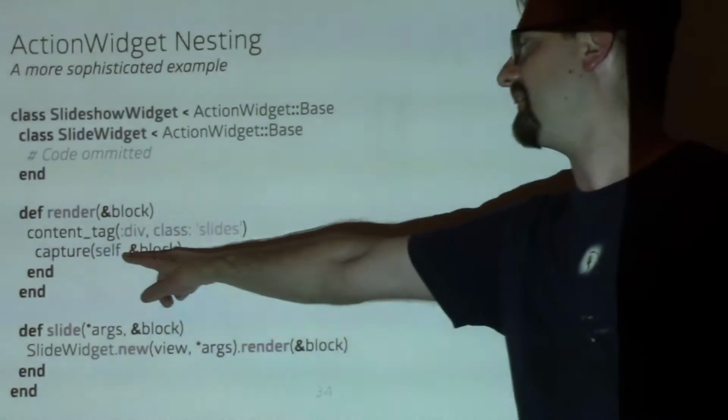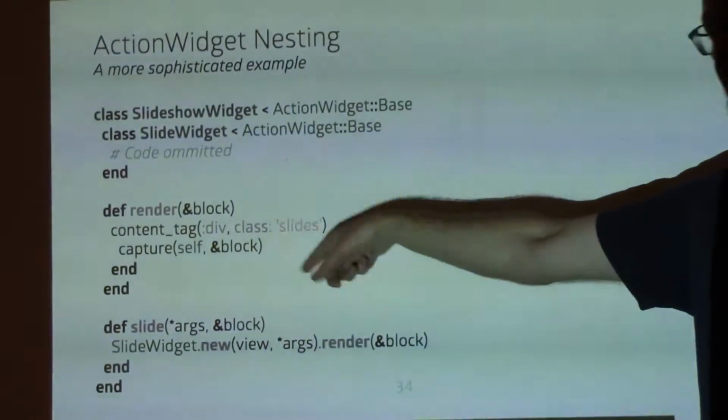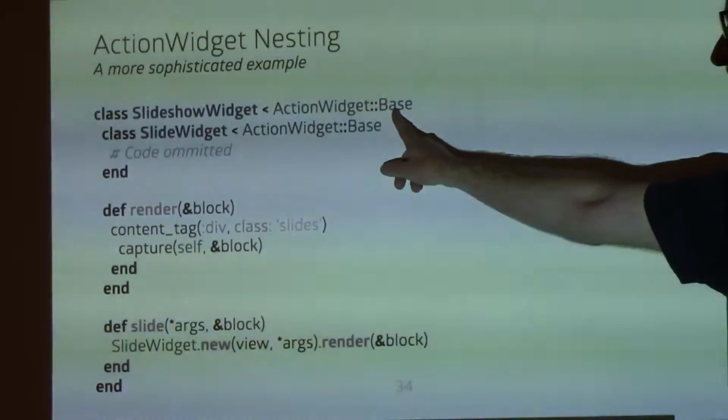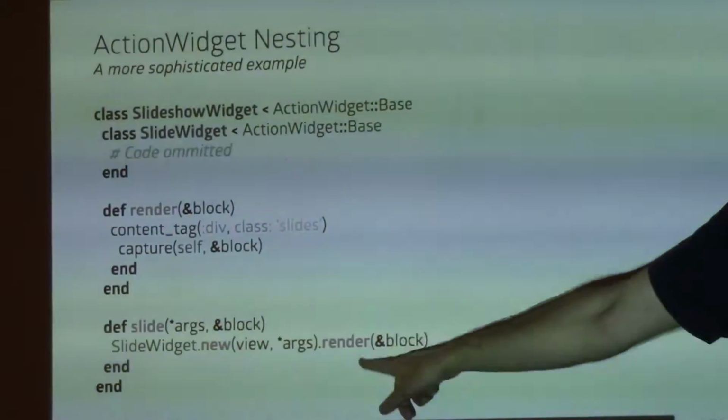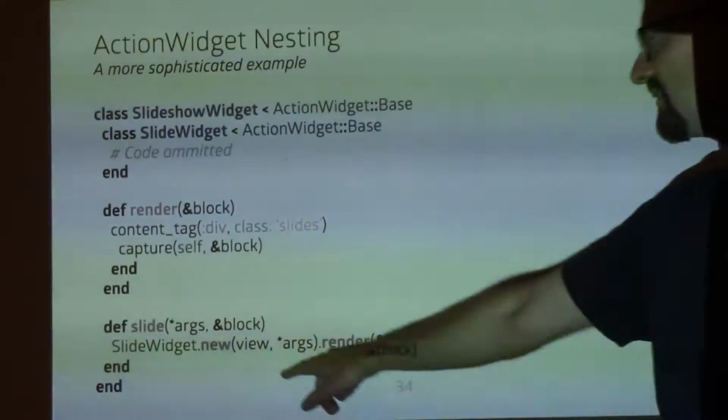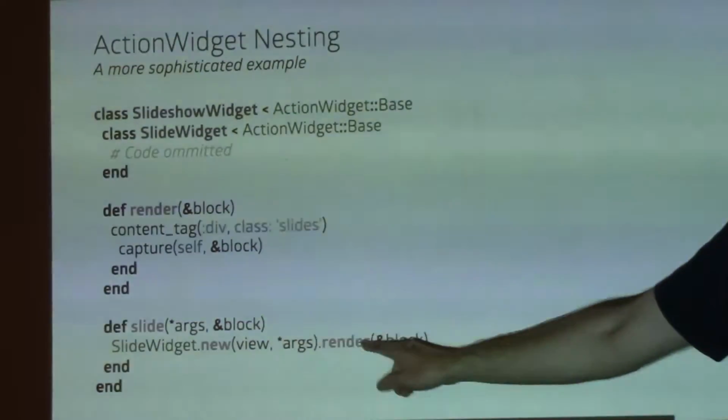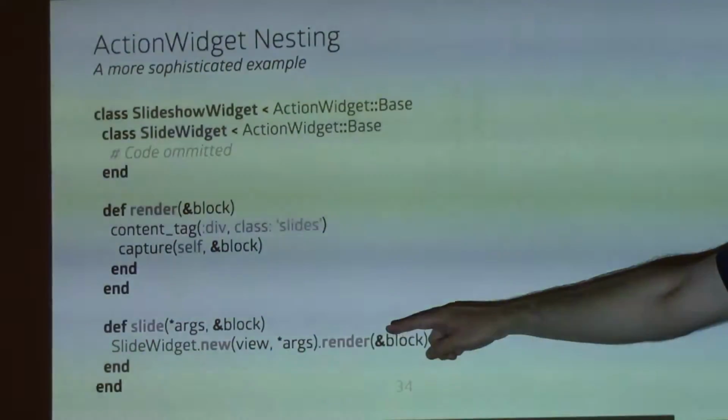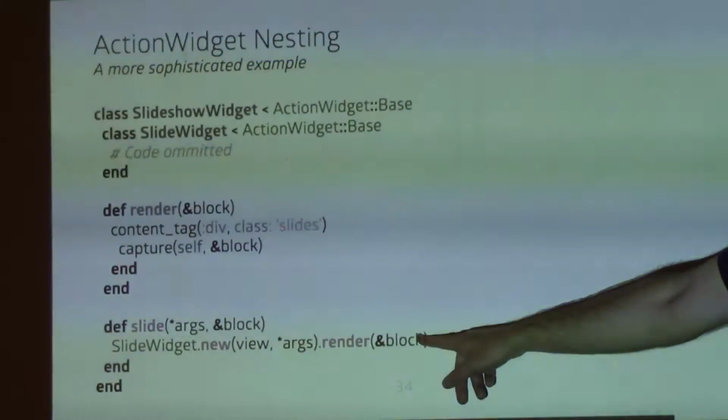And what I do here is I pass myself in, meaning the widget, and in the widget I define public helper methods, such as a convenient method to render another widget, in this case a single slide.